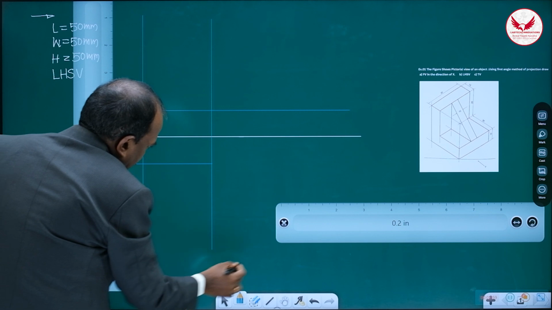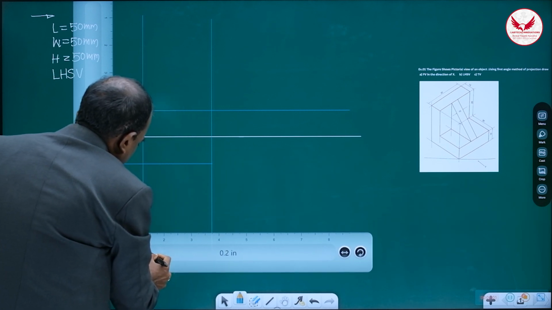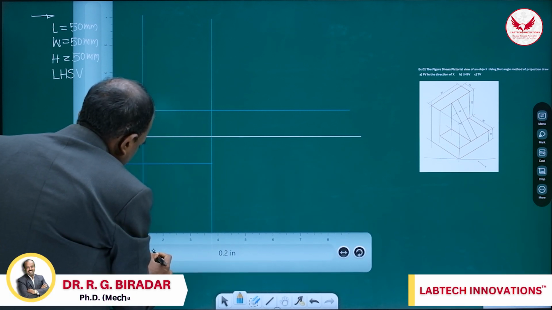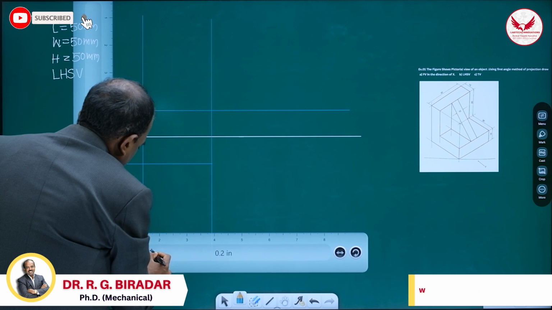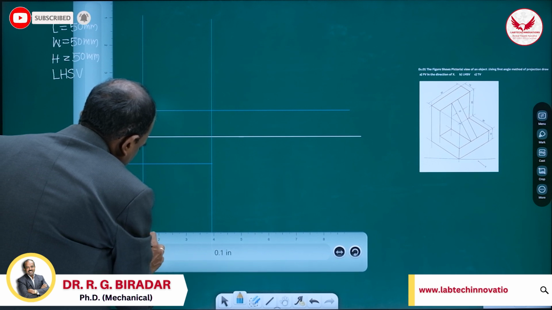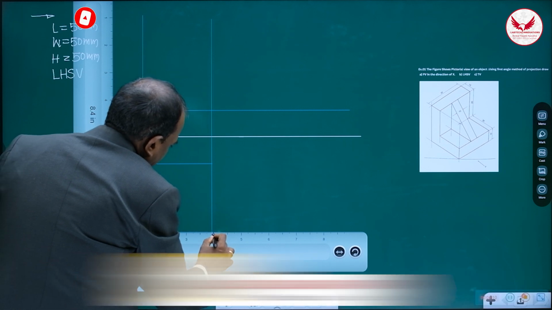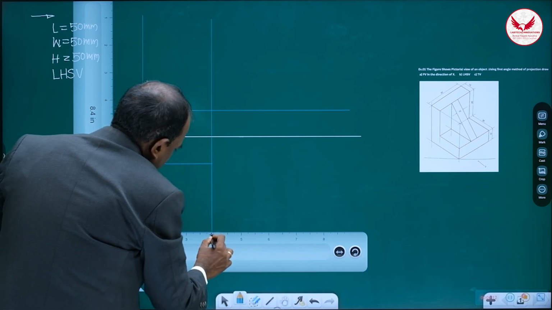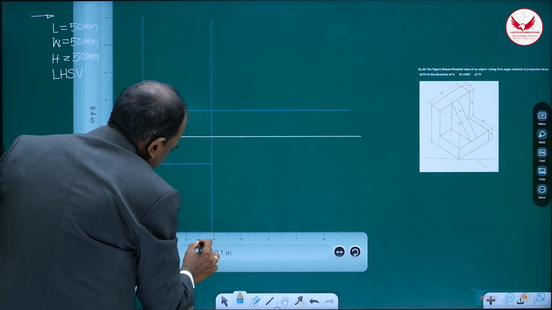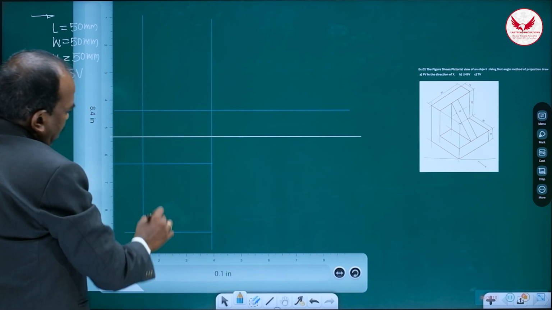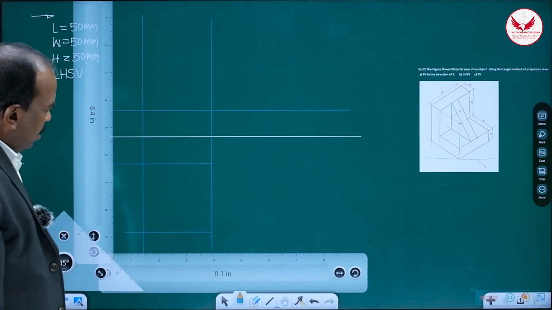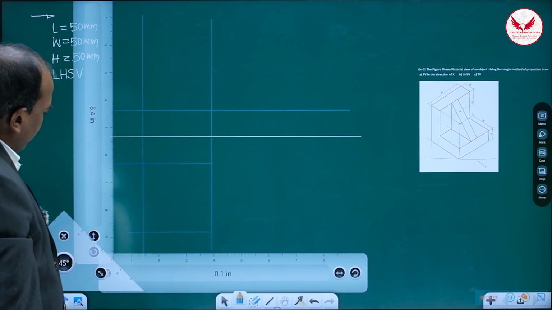So this is 50, with a very light line. Only up to this, don't extend too much. So this is the horizontal line. Whatever block we are getting will be for the top view.